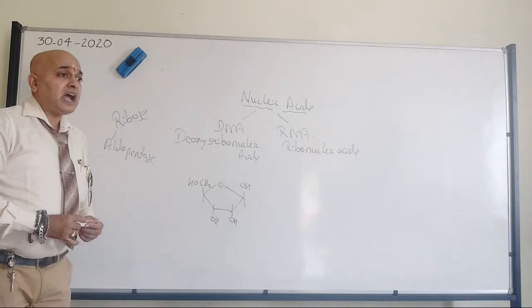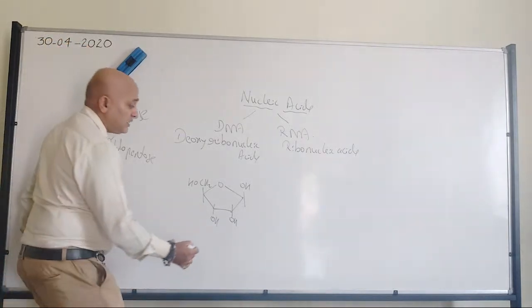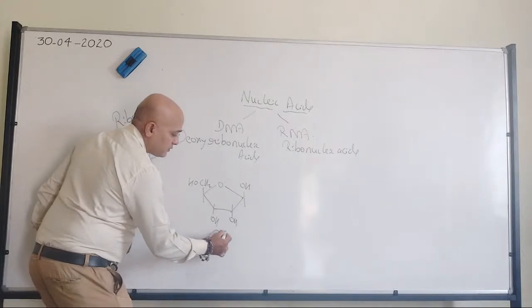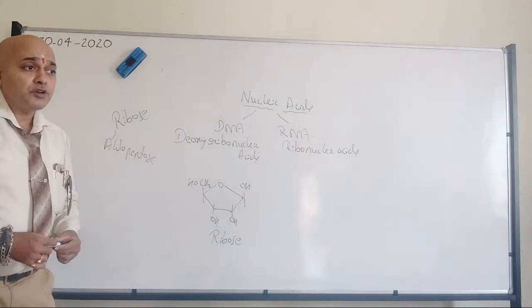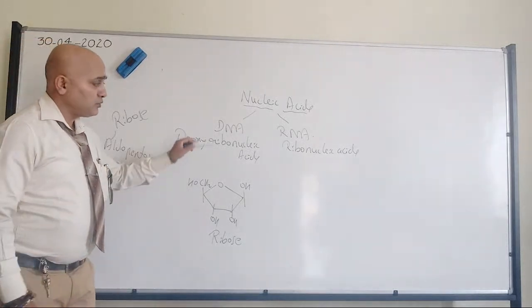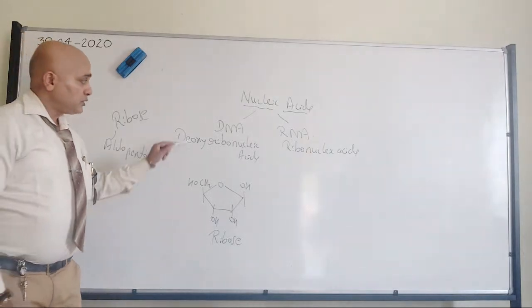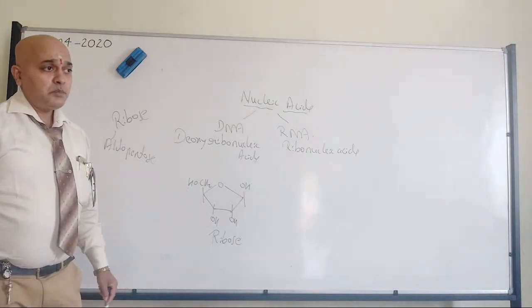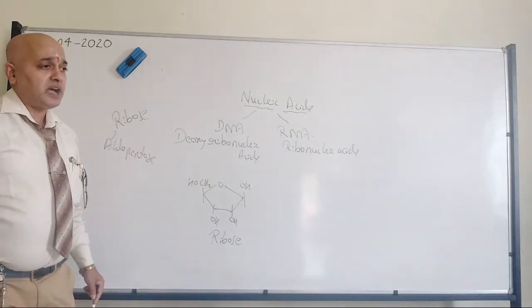Whatever I have written is the cyclic structure of ribose sugar. Once again I will tell, no one will ask you to write the structure of nucleic acid. It is not there in your syllabus. But to make you understand, I am writing, because in the textbook they have given the structure. But the question will not be asked. Okay?